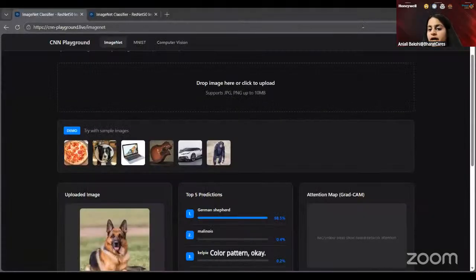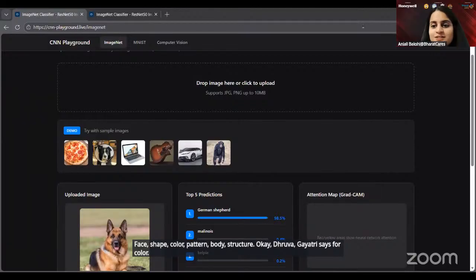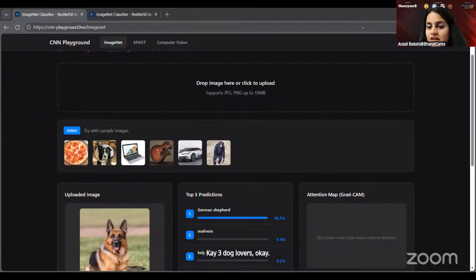Face, shape, color, pattern, body structure. Okay, Dhruva. Gayatri says fur color. Gayatri, dog lovers. Okay. So Sneha says shape. Okay, great. So you can see you well recognize color, face shape, ear shape, fur length. But you are not just detecting dog, you are detecting the details of the dog subconsciously, right?